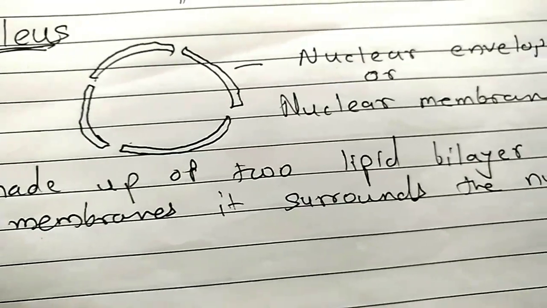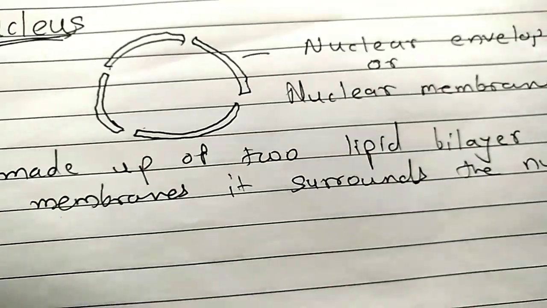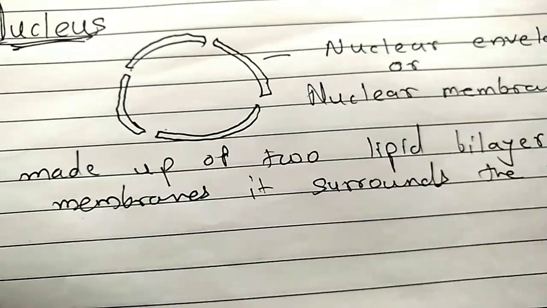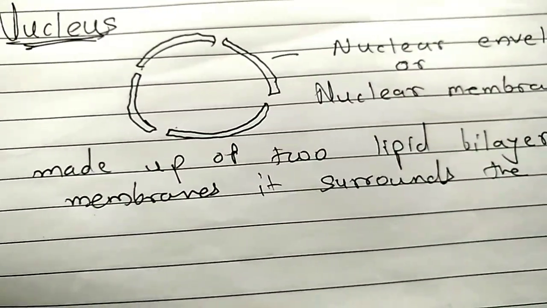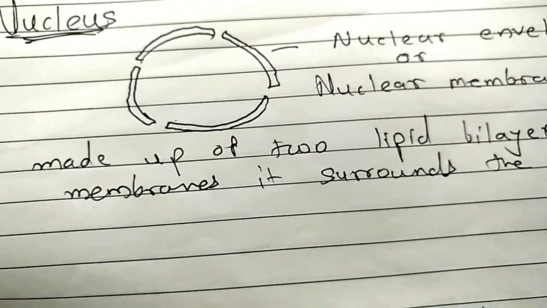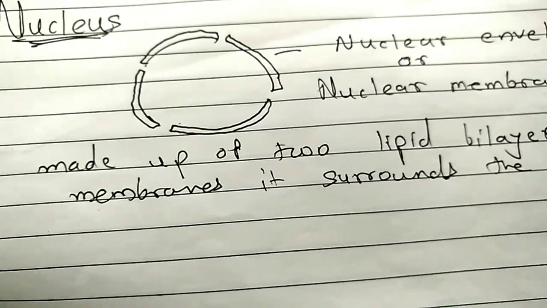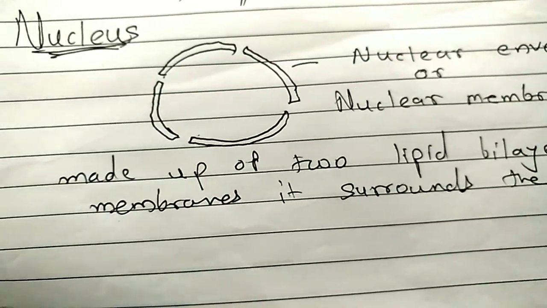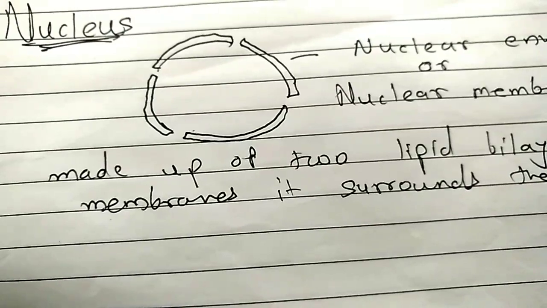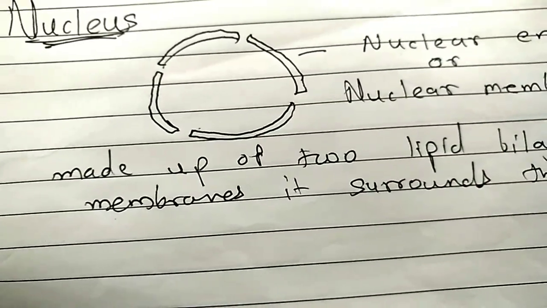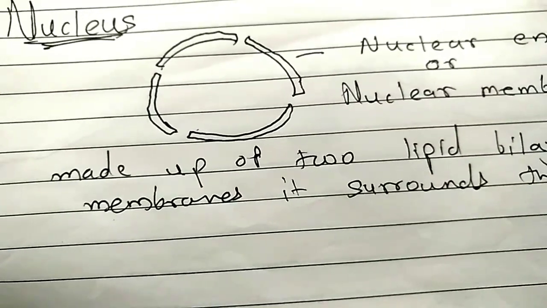It surrounds the nucleus. It has pores through which ribosomes, which are made inside the nucleus, come out, and it keeps the internal environment of the nucleus separate from the outer environment.